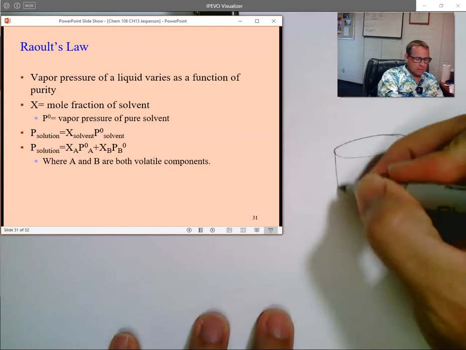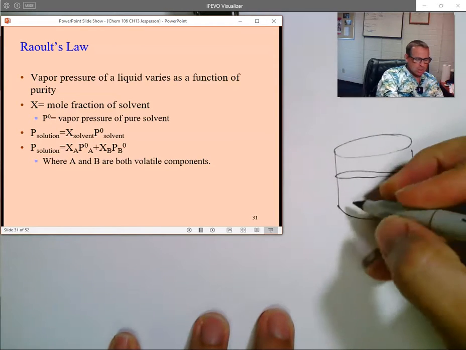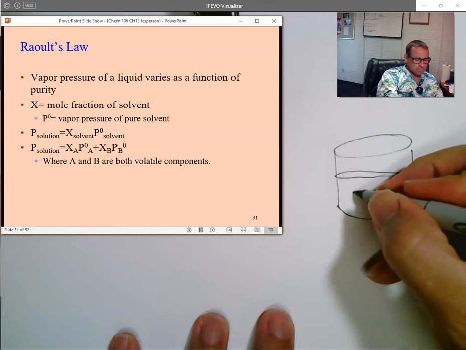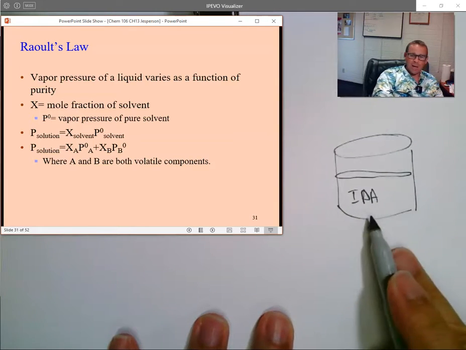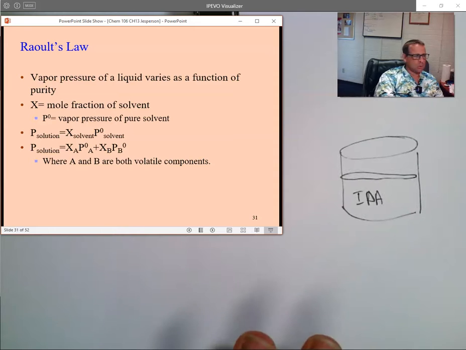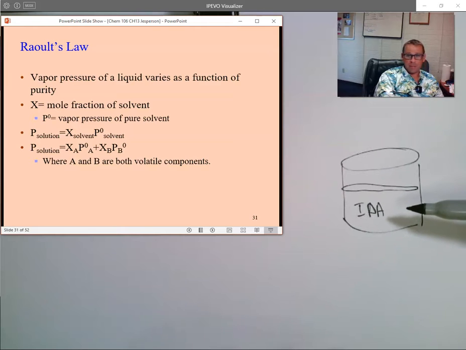So if I have a container here, and I have in this container something like alcohol, I'm going to call it IPA. That stands for isopropyl alcohol. This is the kind of alcohol that you'll have in your medicine cabinet.